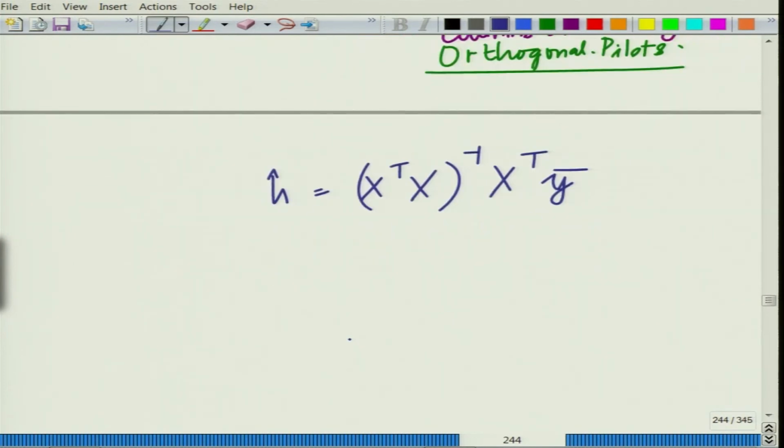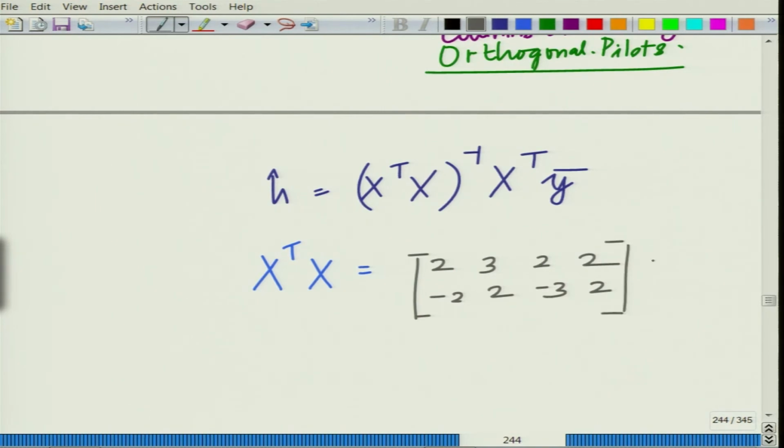Let us now evaluate X transpose X. X transpose X is equal to 2, 3, 2, 2 minus 2, 2 minus 3, 2 times 2, 3, 2, 2 minus 2, 2 minus 3.